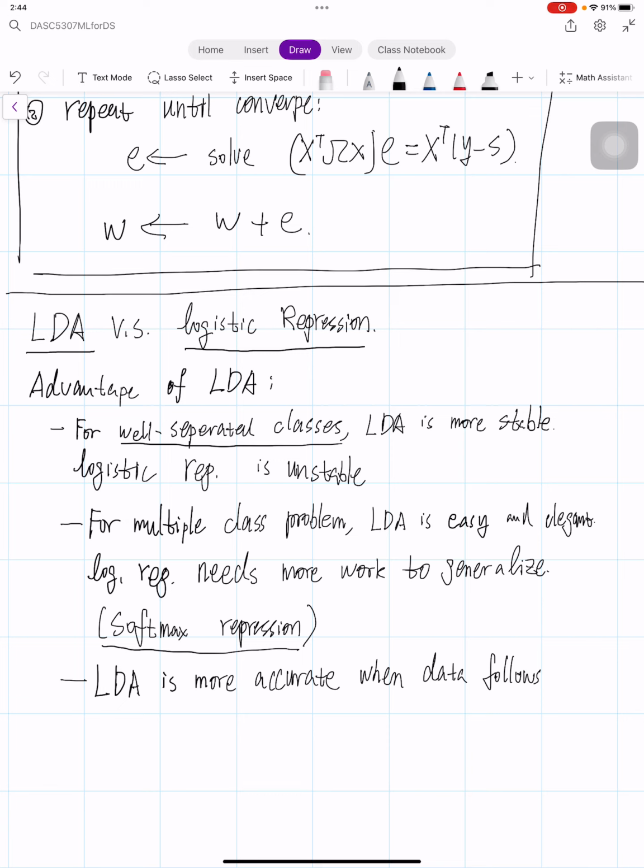So the first step, you assume your data is generated from the normal distribution. If that's the case, LDA performs better, especially when the sample size is small.